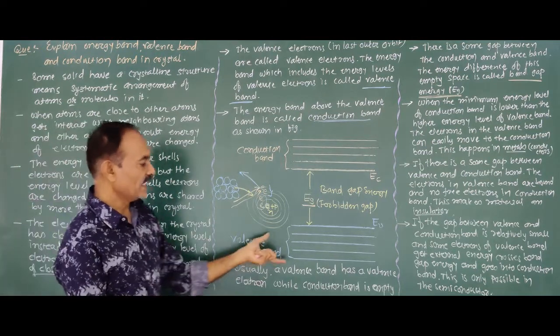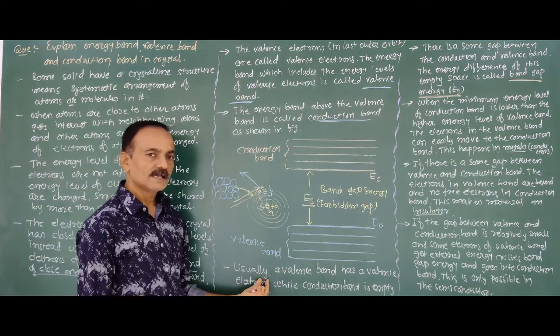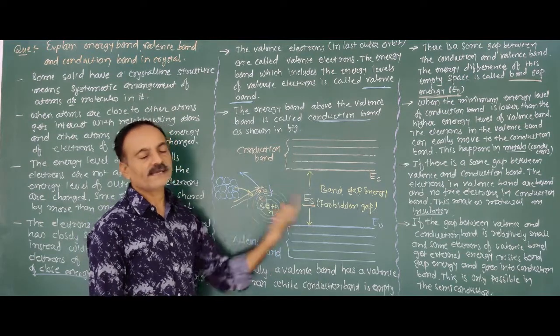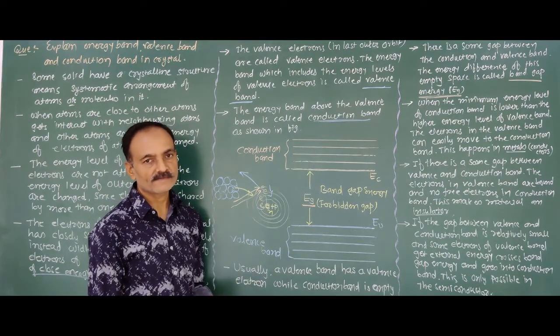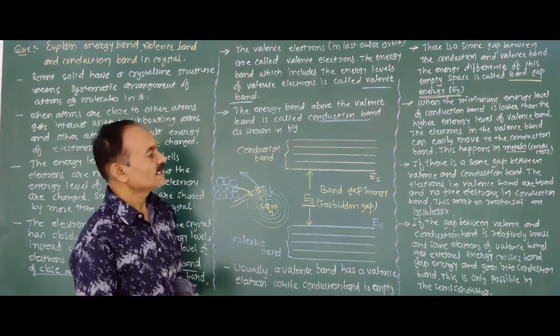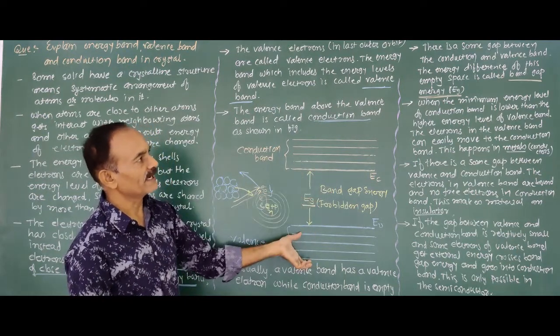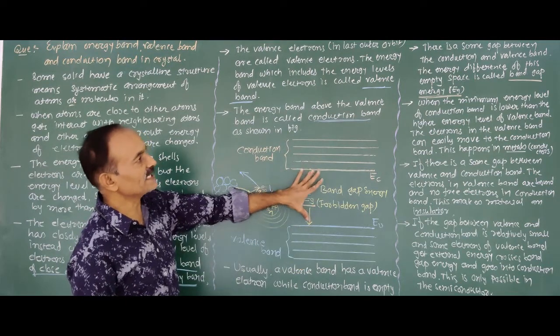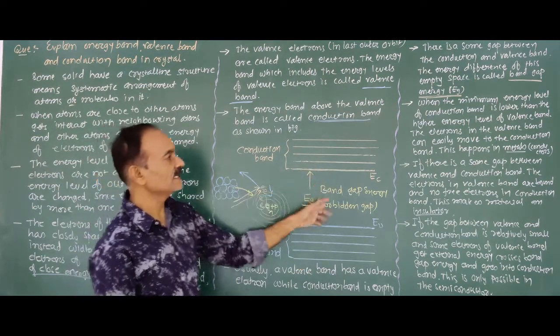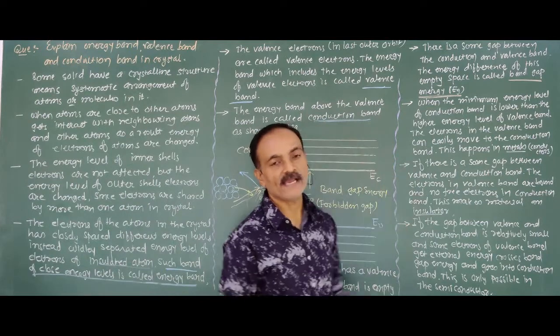Generally, the valence band has valence electrons, while the conduction band is empty. There is some gap between the conduction band and valence band. The energy difference of this empty space is known as the band gap energy.